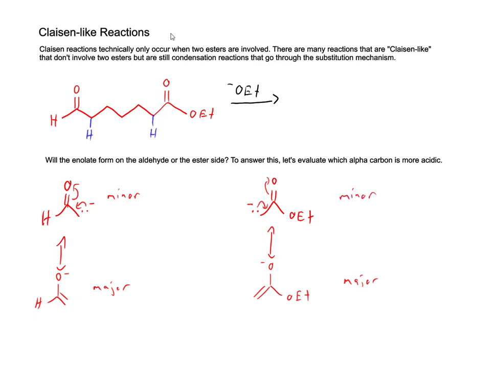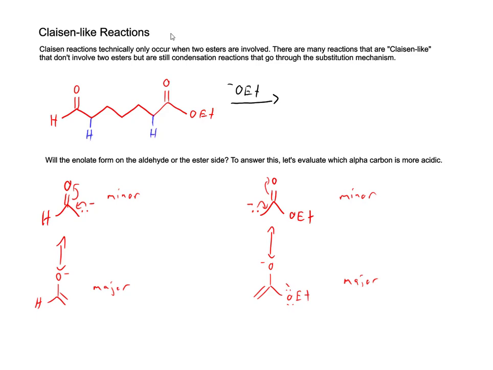However, we have another oxygen with lone pairs on the ester side. And what can we do with this? Well, we can actually donate electrons via resonance with this oxygen.